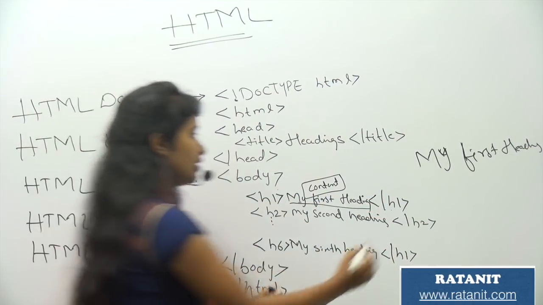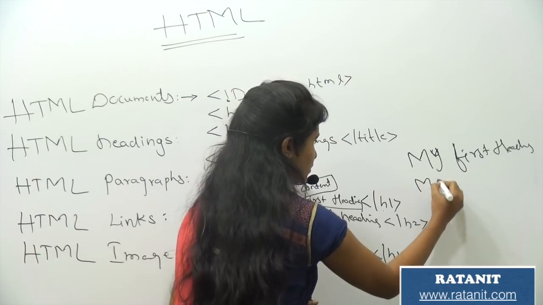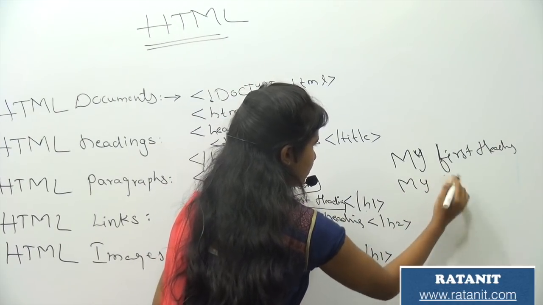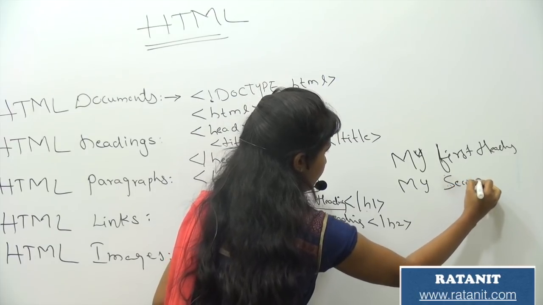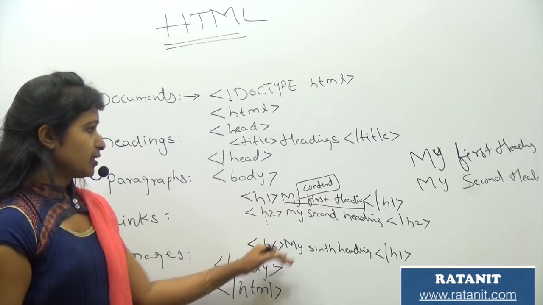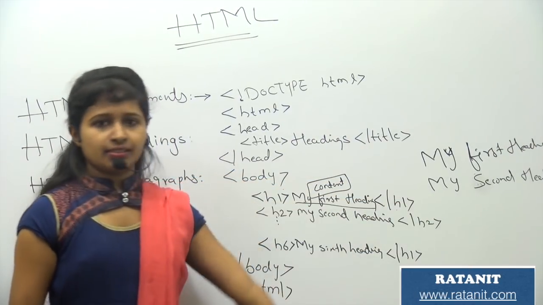The second one is somewhat smaller in size. This is the second heading. The size decreases from H1 to H6.